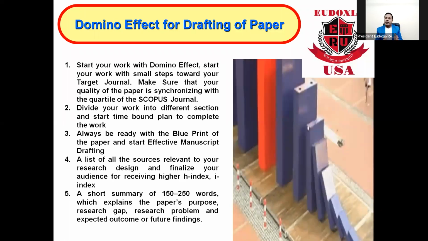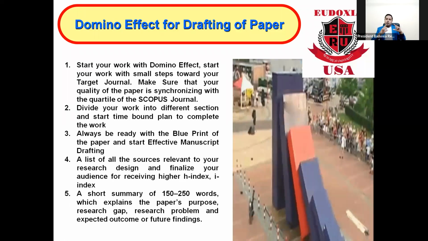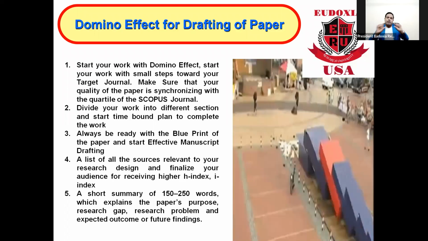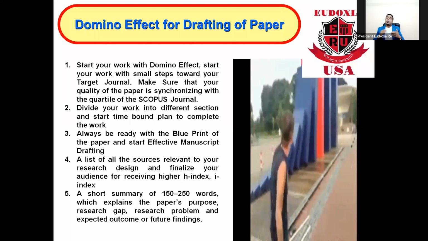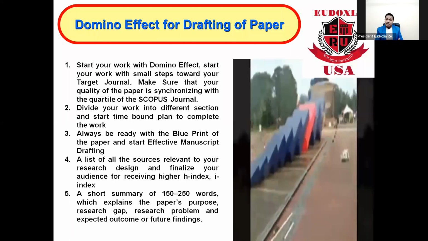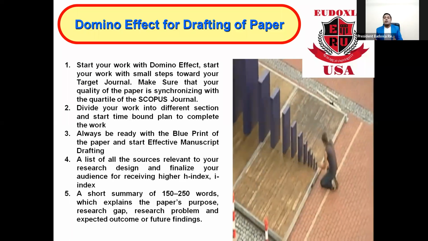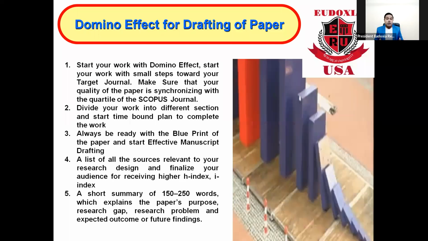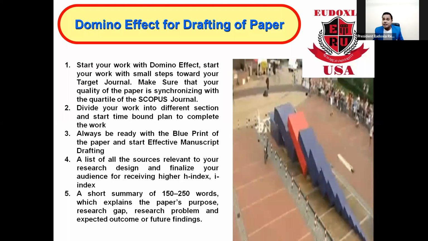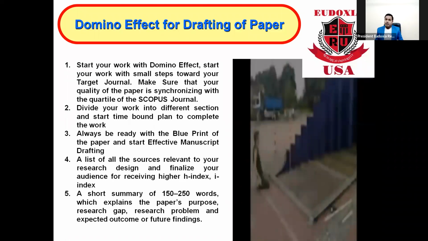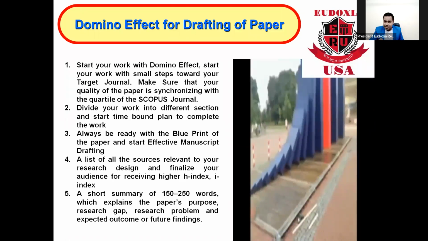You will finalize the tentative title in one or two days. I will take 3 days for my abstract, another 3 days for my introduction, then research and methodology, maybe another 2 days. So plan everything and go with time-bound work.